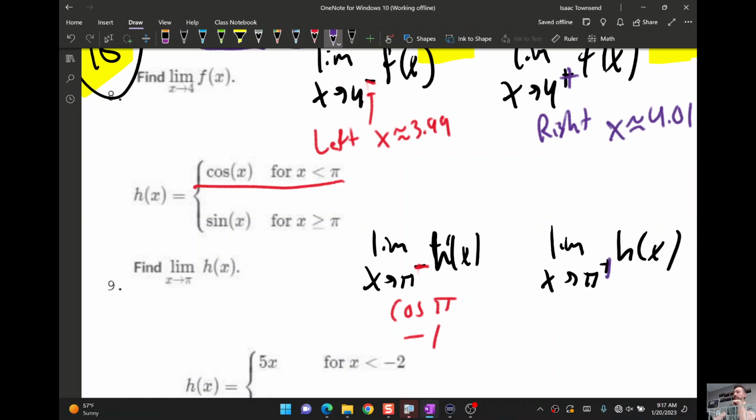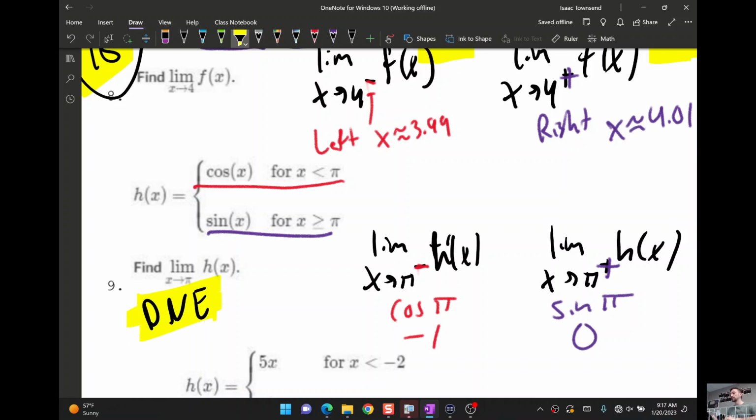As x approaches pi from the right, that's when x is slightly bigger than pi, which is the bottom. You plug that in and get an answer. So now I know the limit from the left, I know the limit from the right, but since these are not the same thing, that limit would not exist.